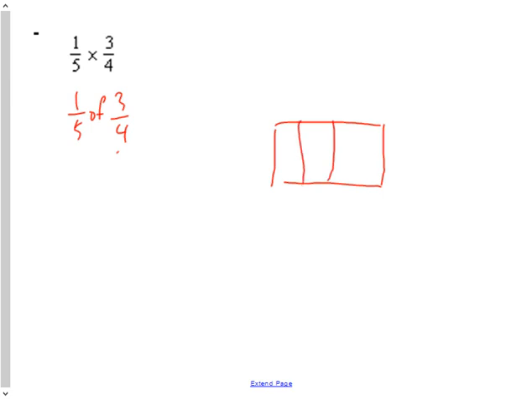1/5 times 3/4, when you model it, you need to interpret the multiplication symbol as being of. So really we want to think of this being 1/5 of 3/4. I'm going to draw 3/4 of something, in this case a chocolate bar right here. So there's 1/4, 2/4, and 3/4. And I get to keep 1/5 of the 3/4, so I'm going to cut it into fifths.